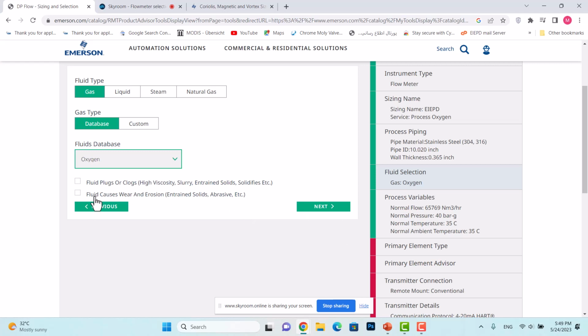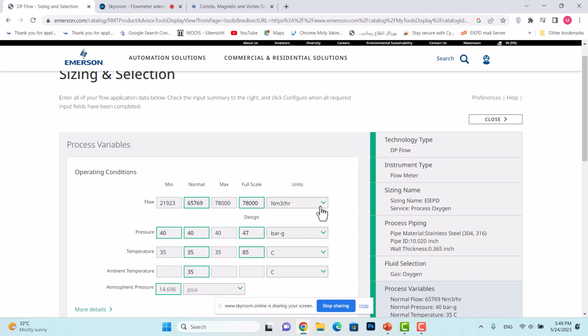For now we do not select anything here, but when it comes to the detailed and finalized stage with the Emerson company, we talk about this with their representative, whether to click this one or not. For now we do not select anything because we want to receive the whole family which is suitable for these applications.